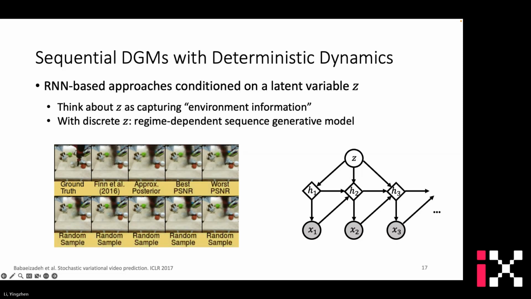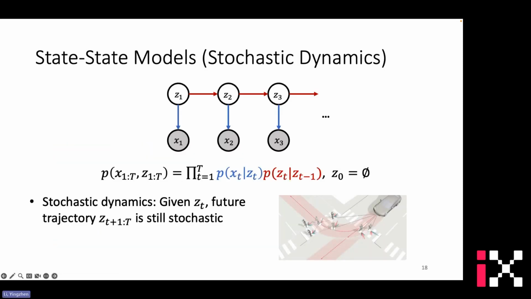So these are two examples for sequential latent variables with deterministic dynamics. And you can see that although we have a sequence here, we only have one latent variable Z to infer, which makes this case still quite similar to the previous image case. But things are going to get a little bit more complicated.